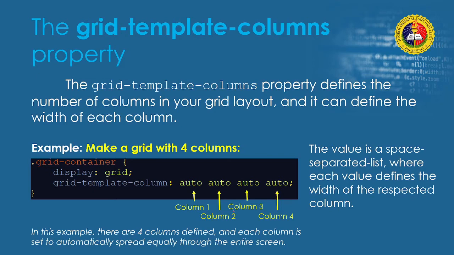Therefore, there are 4 columns. Right? The purpose is it defines the number of columns in your grid layout, and it can define the width of each column. So, nagaset ta og pila ka buok columns atong gibutang, nagaset pod ta og unsay size sa column mismo. Right? So we have here 4 columns, and each column has automatic width, meaning it will automatically adjust to the screen size.